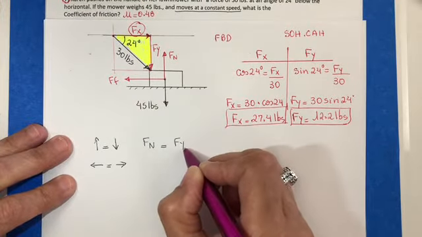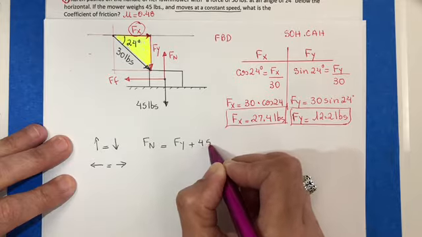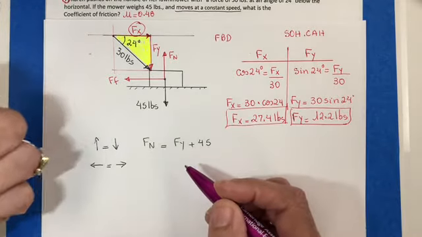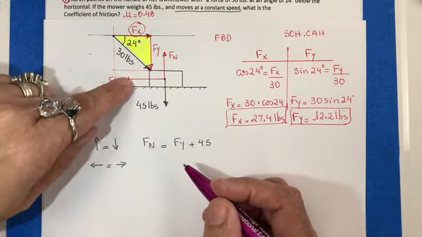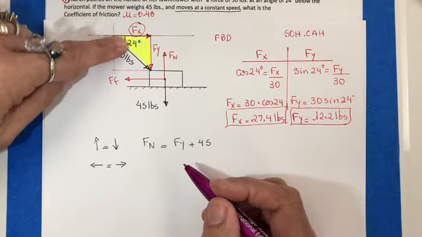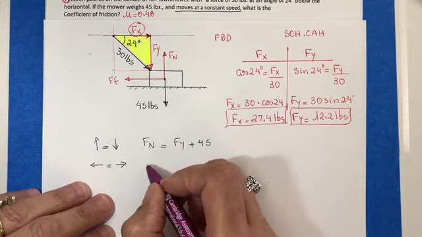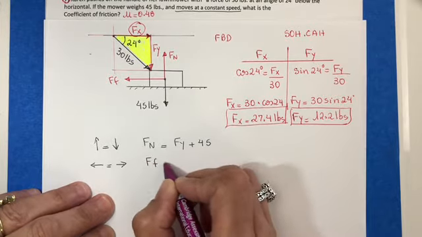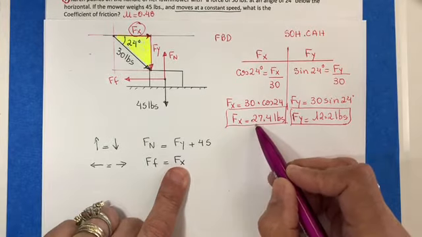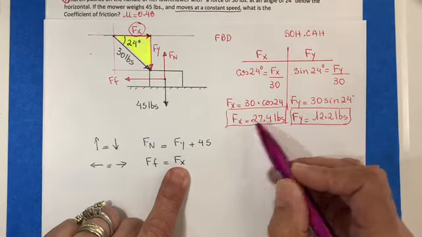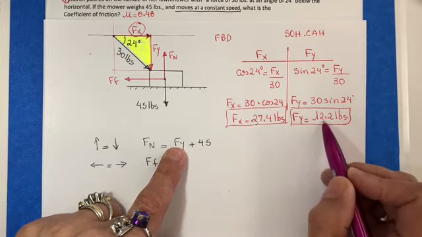So Fy plus 45. Now, forces to the right is equal to forces to the left. I just have here my Ff and I have here my Fx. So I can state that Ff is equal Fx. So I have my Fx, which is this value right here. I have my Fy, which is this value right here.